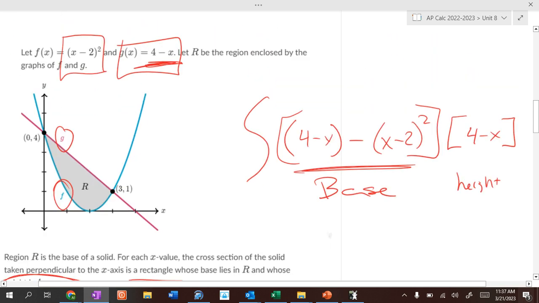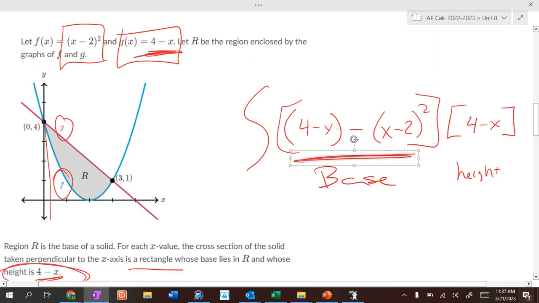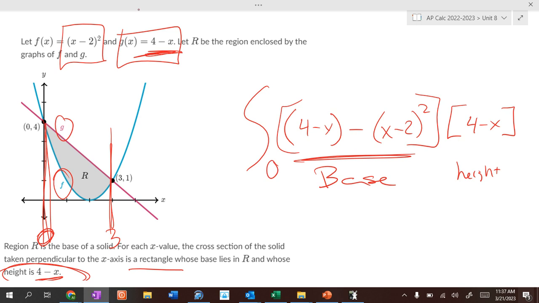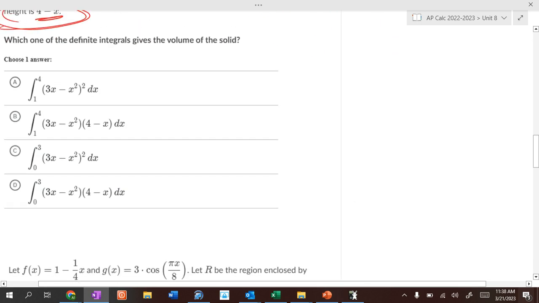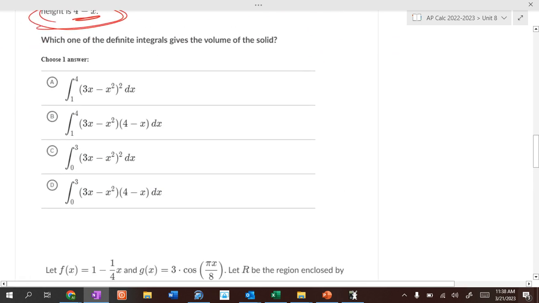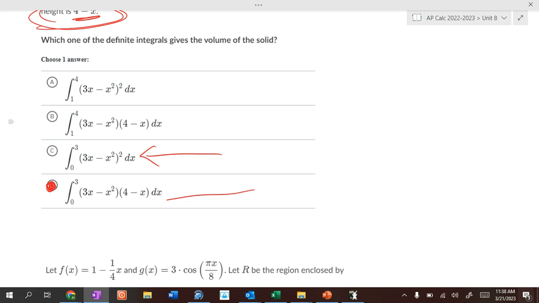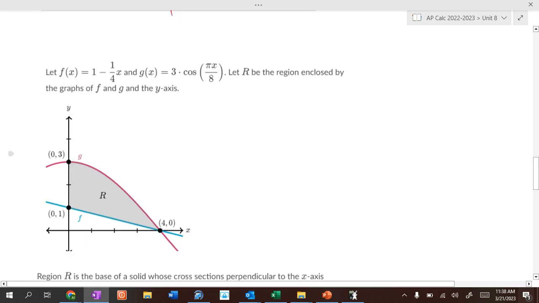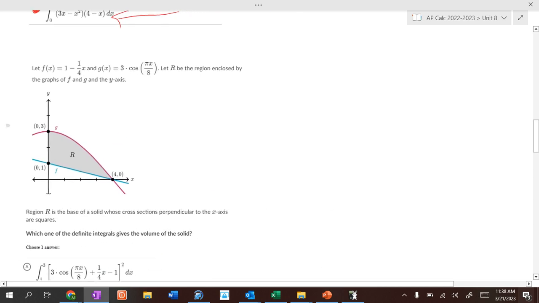And then we're going to take that integral from the starting value of x, which is 0, to the ending x value, which is 3. So from 0 to 3 of these two multiplied. If it was a square, it'd be this one. But since it's a rectangle, it's this one. See the difference?